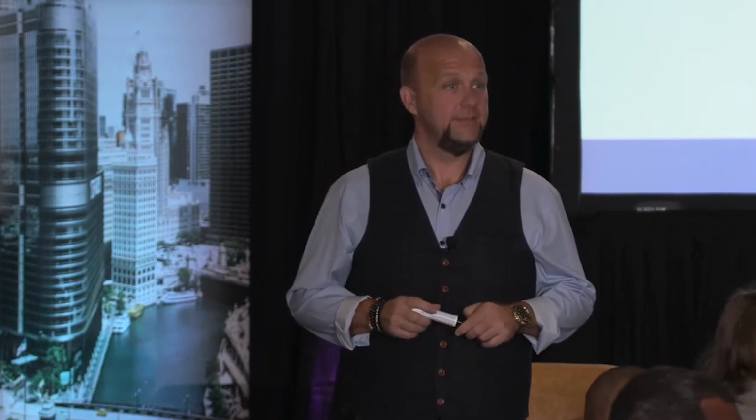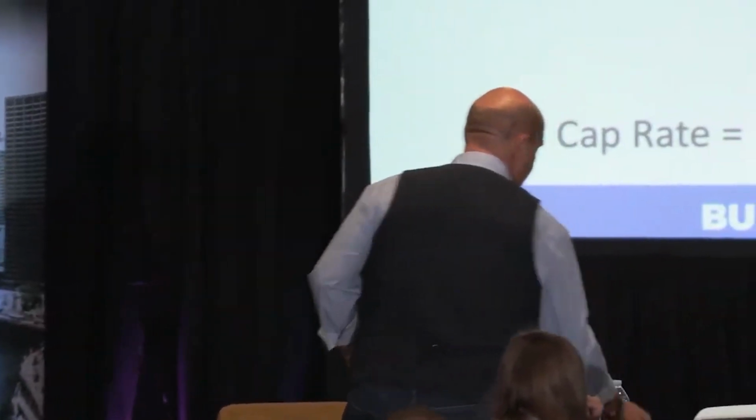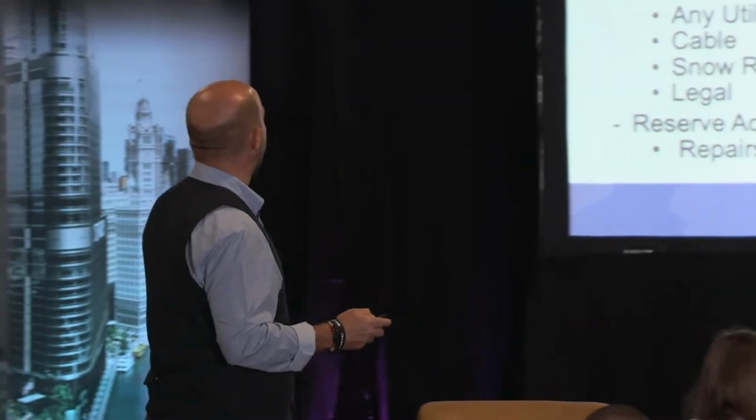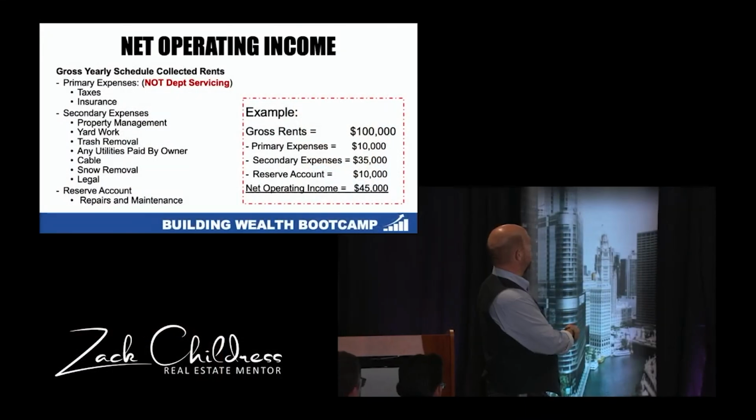Oh, okay. Gotcha. Yes, Steve. It does. Yeah, because you remember if I went back a slide, what was on that? Look here. See there? We're finding net operating income. What are we subtracting? Taxes and insurance.